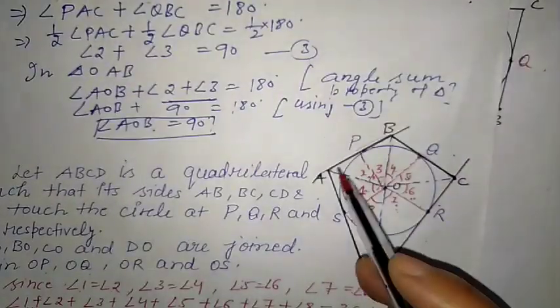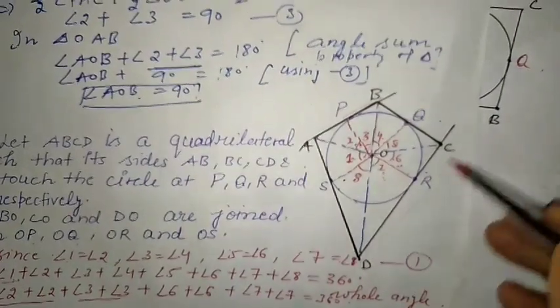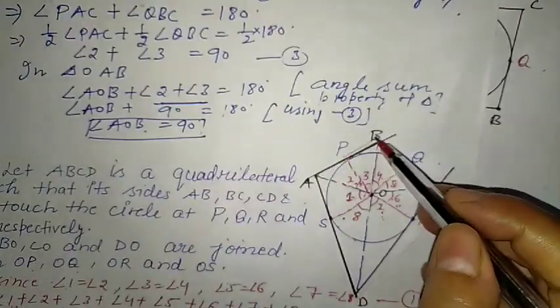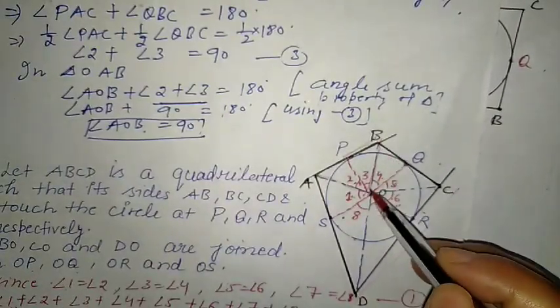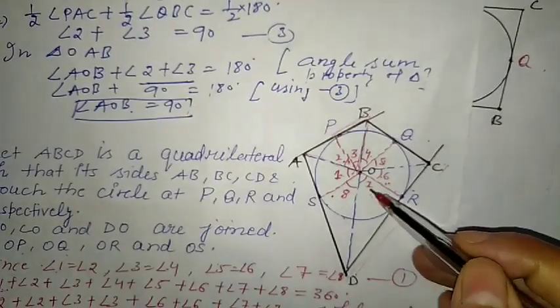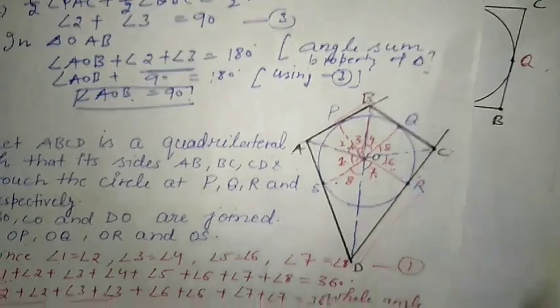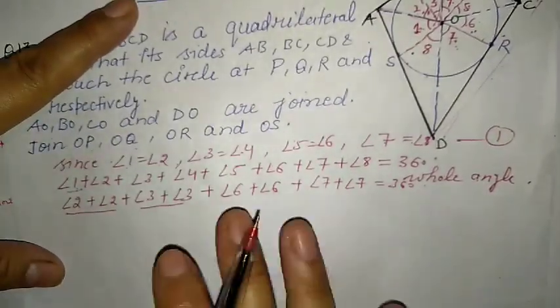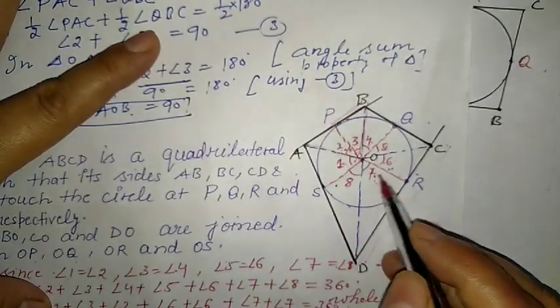These are the opposite sides. This is AB and this is CD. Here we have AB. Which angles does AB make at the center? Angle 2 and angle 3. CD is the opposite side. Which angles does it make? Angle 7 and angle 6. That's why we have chosen here only 6, 7, 2 and 3. Here is 2 and 3. Here is 6 and 7.